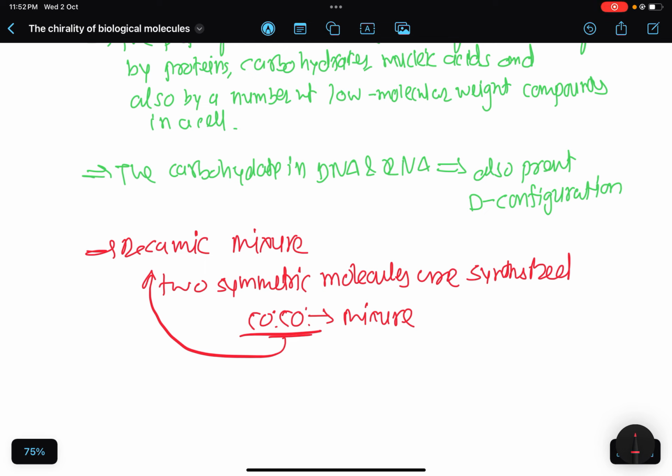The resolution of a racemic mixture is the separation of optical antipodes in vitro.